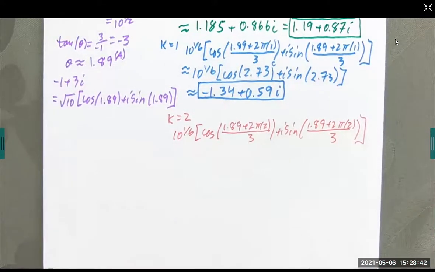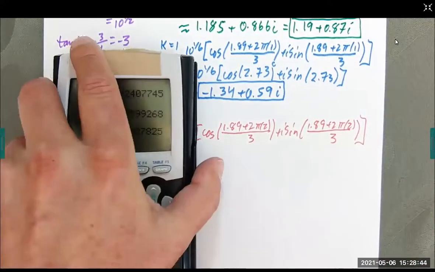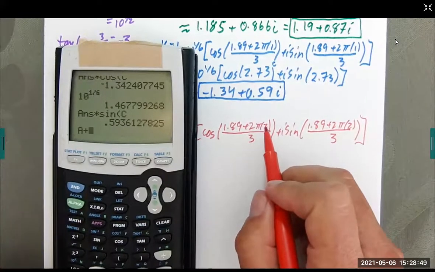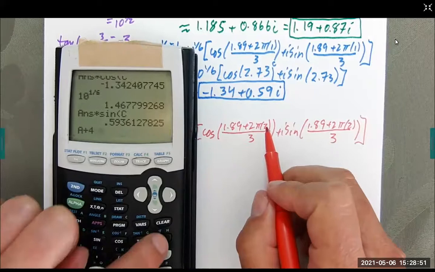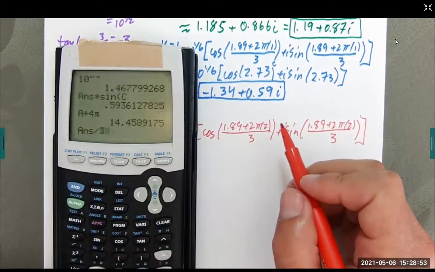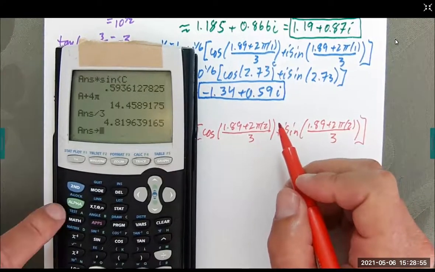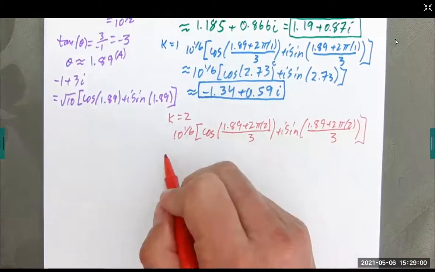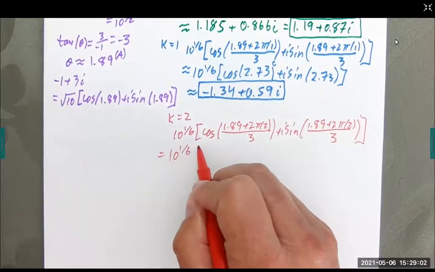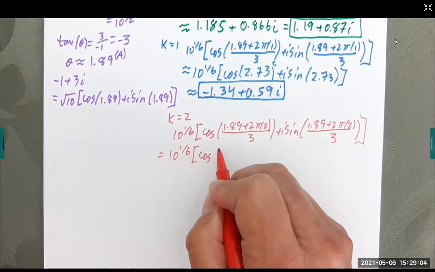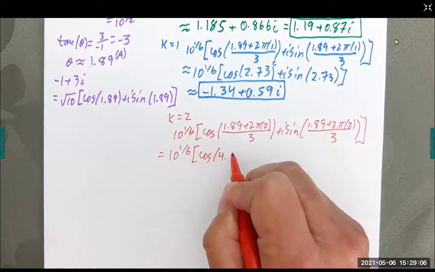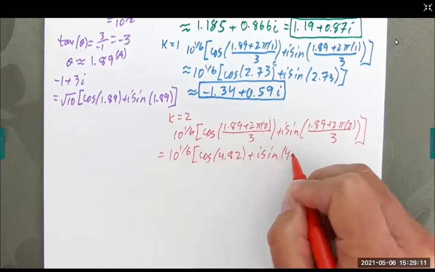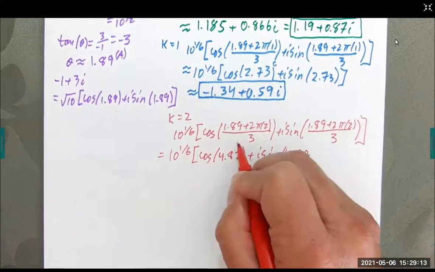And let's clean that up a little bit. So I'm going to go A, that's 4 pi there, right? So A plus 4 pi divided by 3. I'm going to store that as D. So this becomes 10 to the 1/6 cosine of 4.82, we'll say, plus i sine 4.82, and that's in D now.